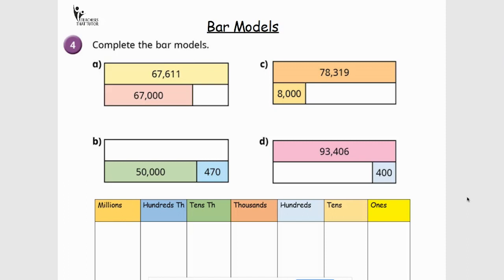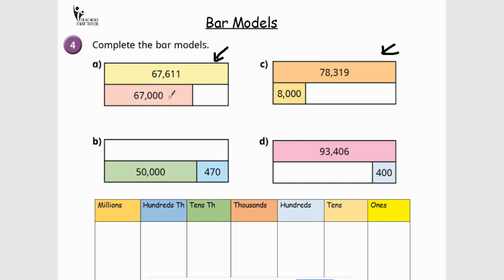Okay, next thing is bar models. Another way that you might be asked to represent your number in class, and you might wait to learn about this, is through a bar model. With a bar model, the total is the full bar at the top. That's the number as a total. But underneath, it might be split into different bars, representing the size of those numbers. So here we've got 67,611.